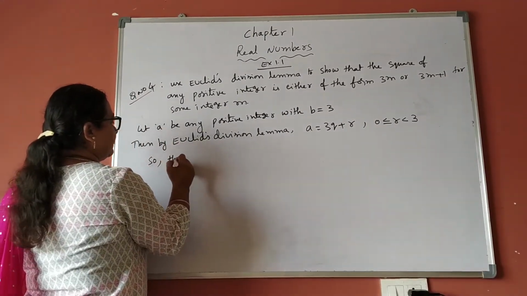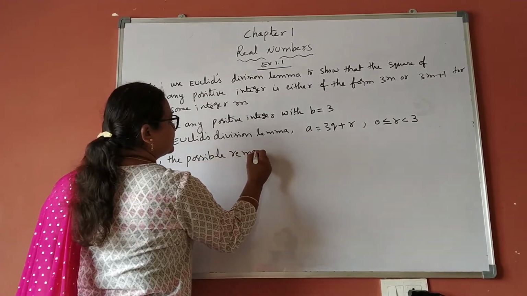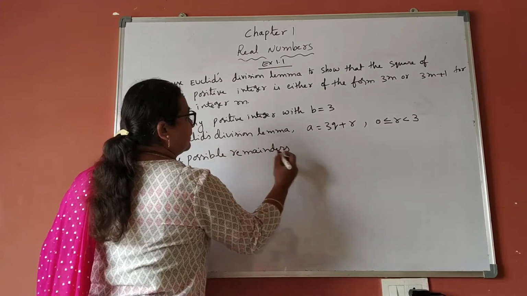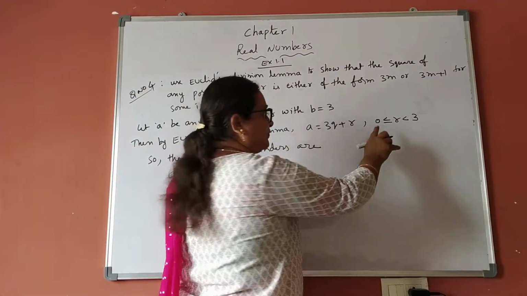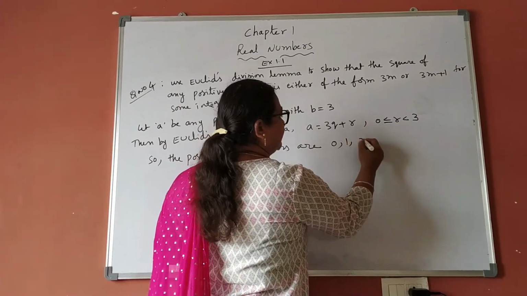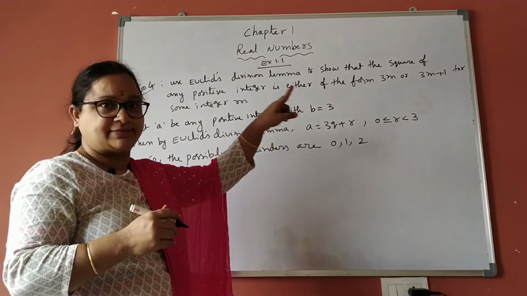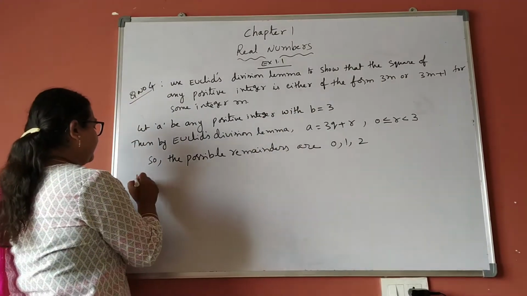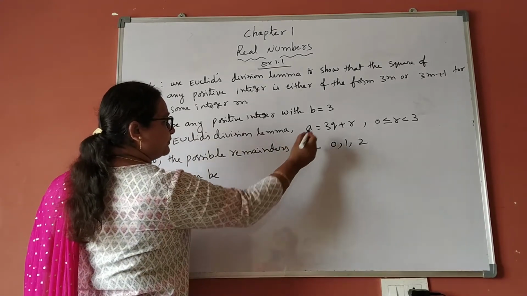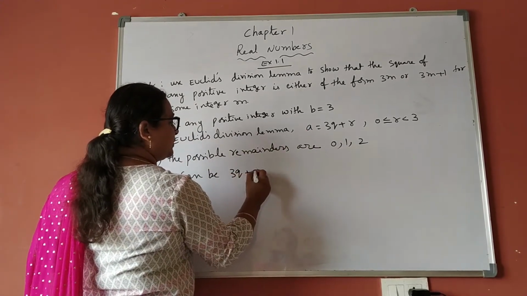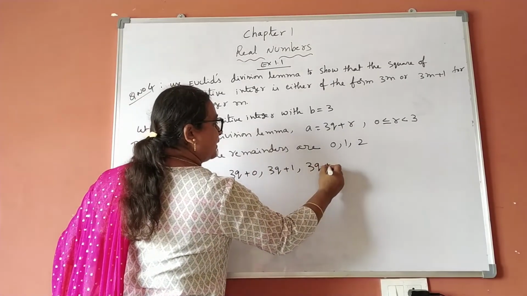So the possible remainders are, what are the possible remainders here? 0, 1, 2. r cannot be 3 because r is less than 3. Then a can be 3q plus 0 or 3q plus 1, 3q plus 2.